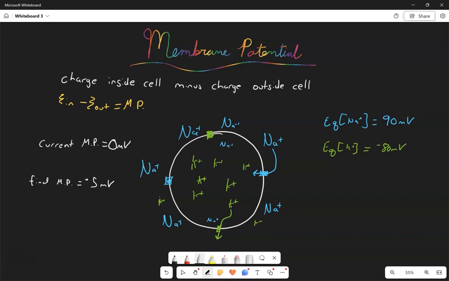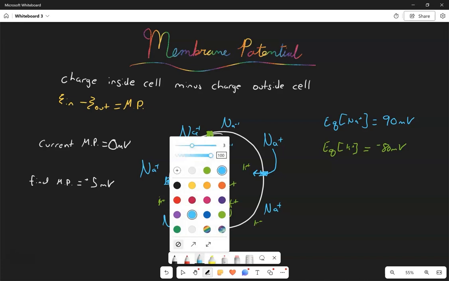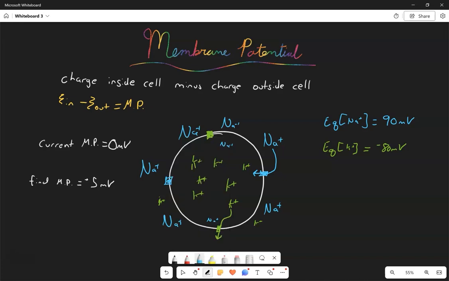But what happens if I give sodium a little bit more of an edge to move faster, more readily, easier? How do we do that? How do we increase the transport maximum of that ion? Well, we can add in more channels, or we can open more channels.